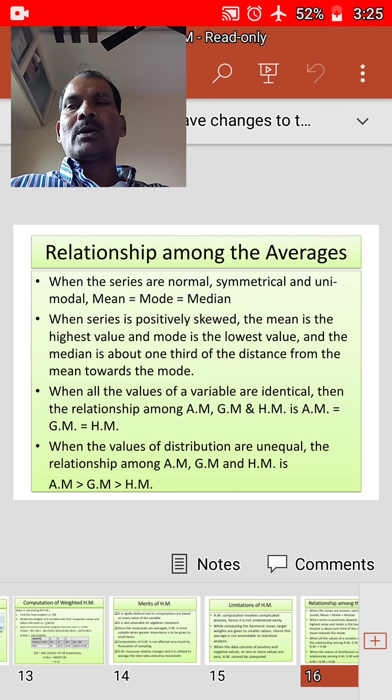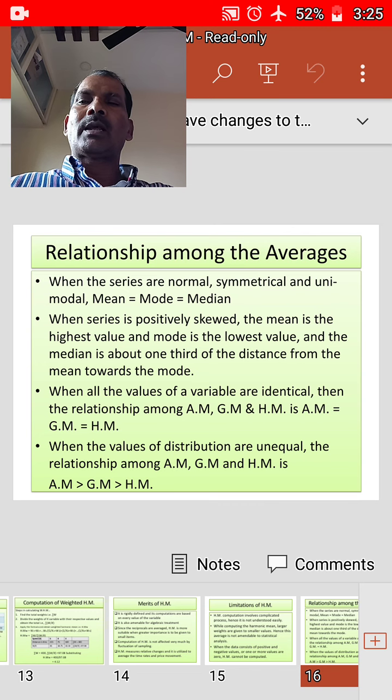And lastly, when the values of distribution are unequal, the relationship is that arithmetic mean is greater than geometric mean and geometric mean is greater than harmonic mean.